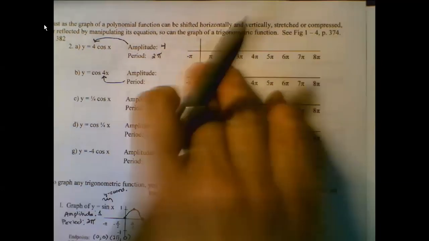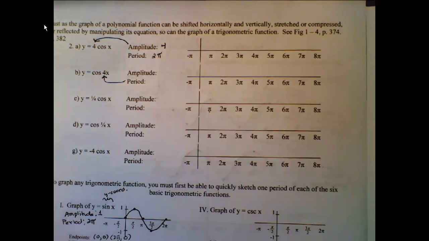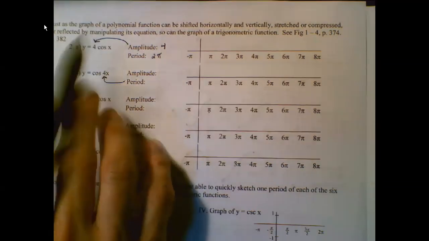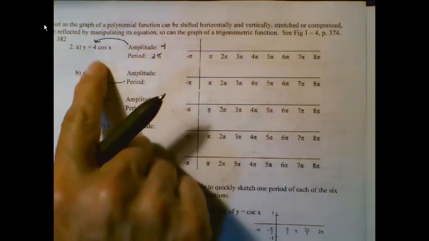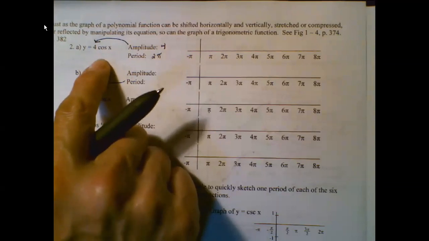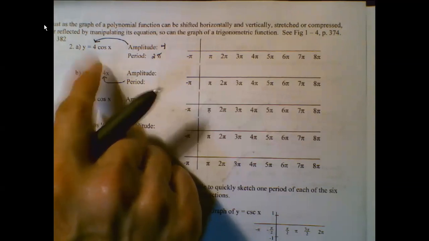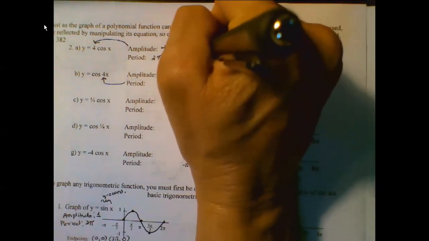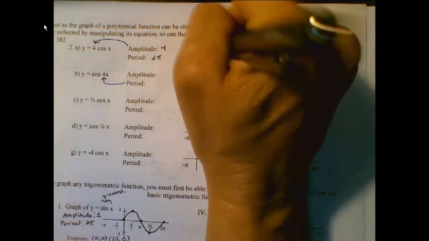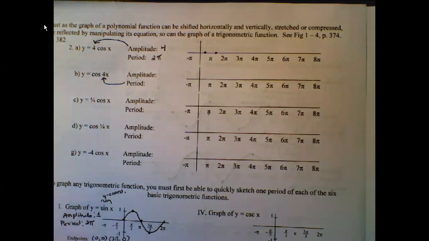And I don't know why I went all the way out to 8 pi here. Let's just graph one period of the function. One period of the cosine. Remember, on cosine, what are your x-intercepts? Whole pies or half pies? Half pies, so they still are. Half pi and 3/2 pi would be my x-intercepts.